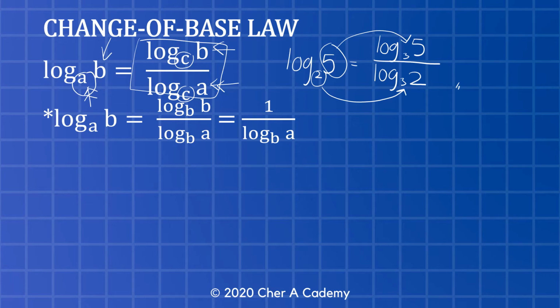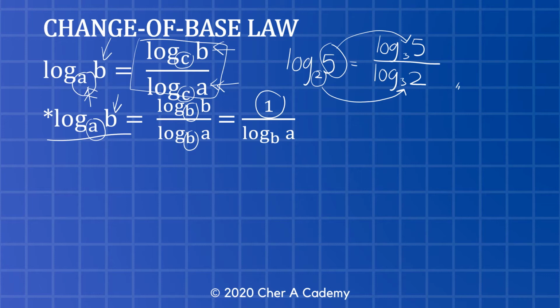Another useful thing that you would like to know is if I have log base A of B and I want to have a simpler fraction, meaning a whole number on top. This is a kind of a trick. I can change the base to B, which is the same number as the number that I'm logging.